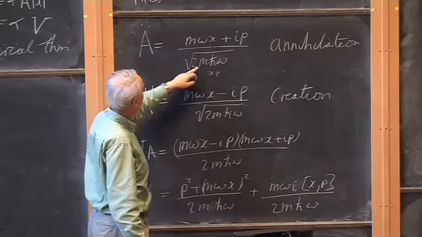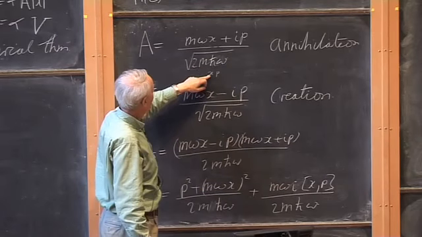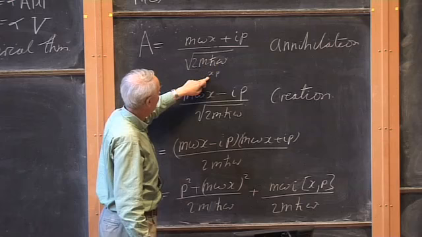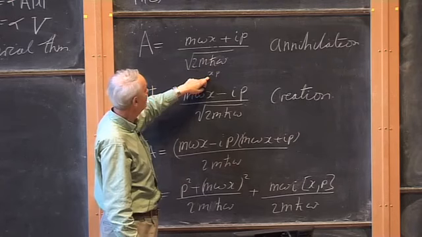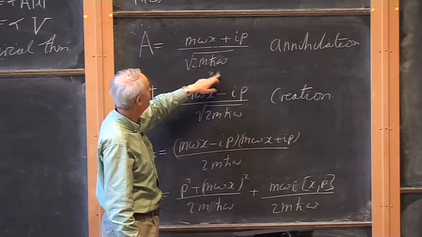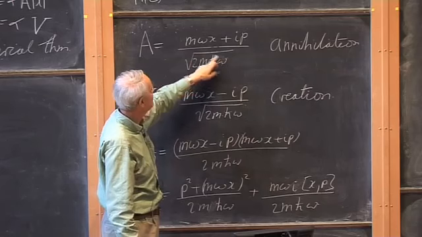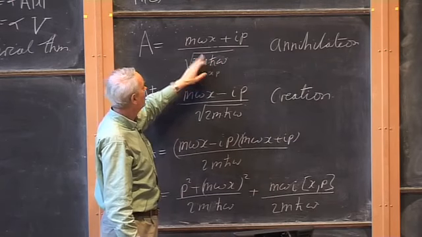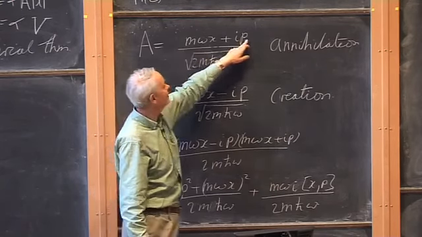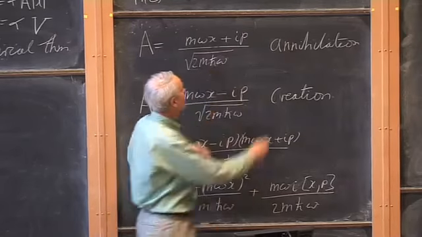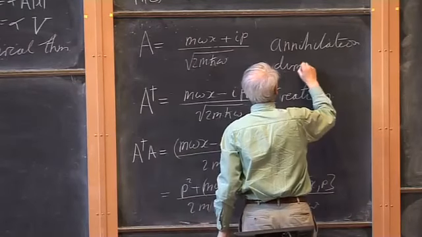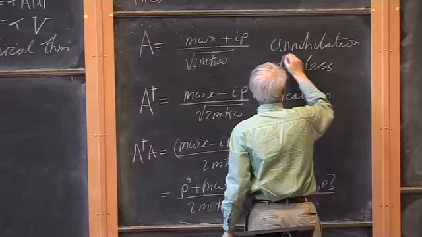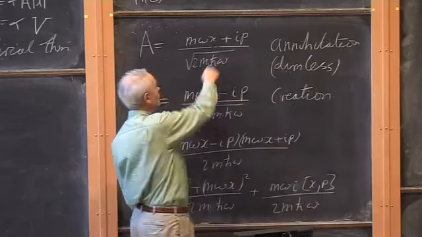So what we have here is m omega x, which we've agreed has dimensions of momentum, times p, which has dimensions of momentum. Then we take the square root. So this on the bottom has dimensions of the whole square root of momentum and therefore cancels the dimensions of what's on the top. So it's dimensionless. That's the purpose of the horrible square root.